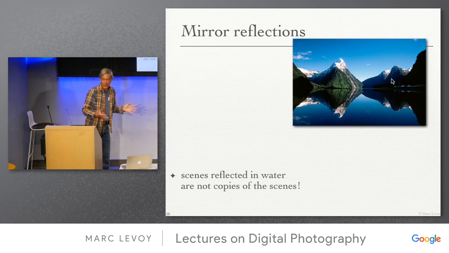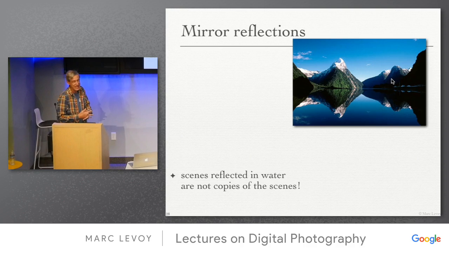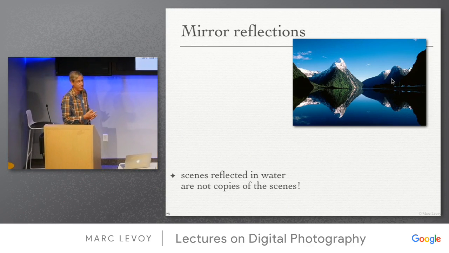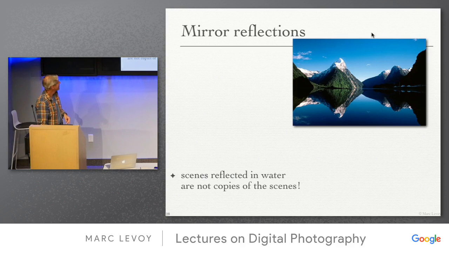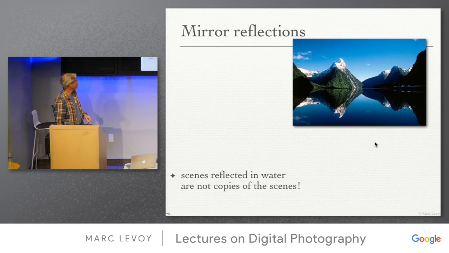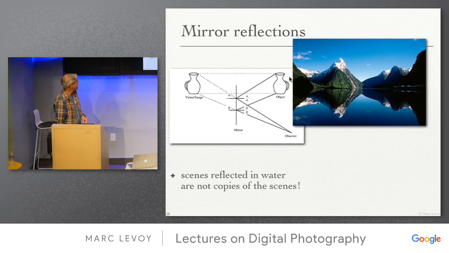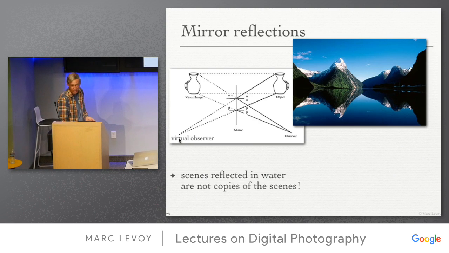Another kind of maybe obvious thing about reflections is that they are not copies of the object itself. It kind of looks that way from this picture of Mitre Peak in New Zealand, but they're not copies, because if you look at the geometry, a direct view of that object would be from here to here, but when you see it in a mirror, it is as if you were standing here.